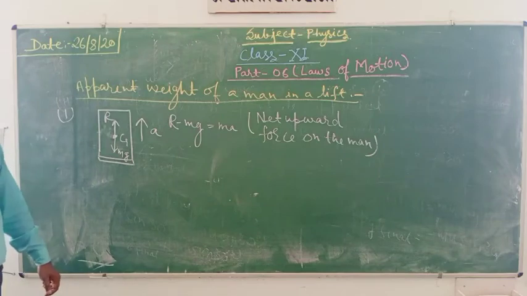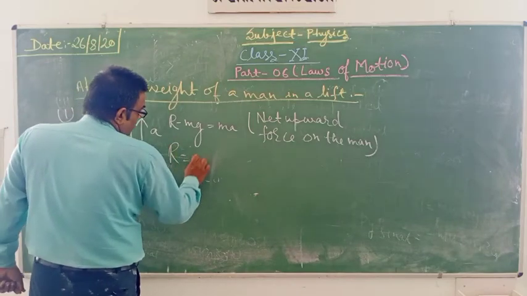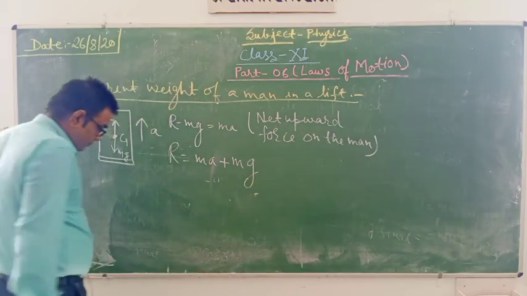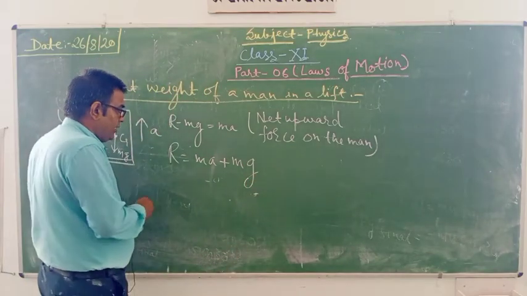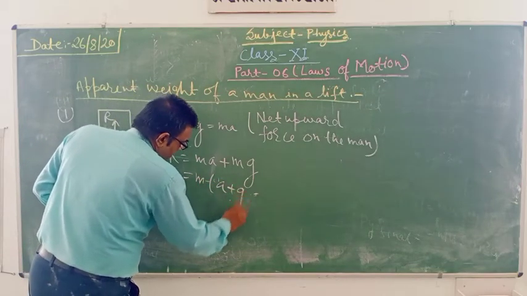And from here we can calculate the apparent weight, the value of the apparent weight R. R is equal to ma plus mg, so R is equal to m times (a plus g).